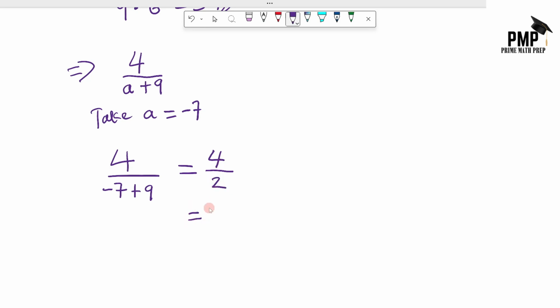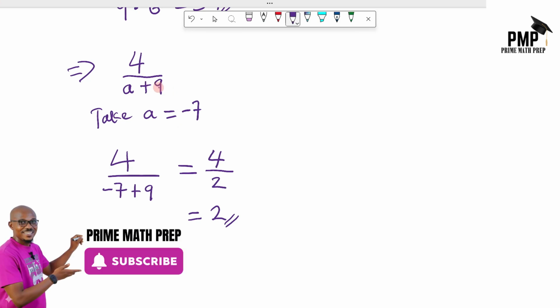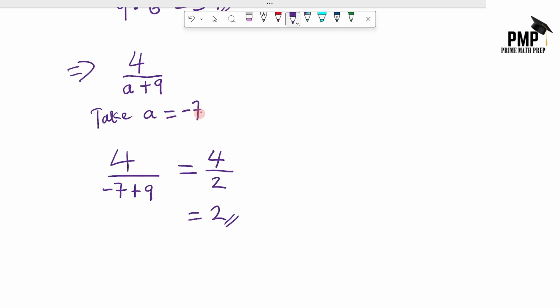When we divide this, 4 divided by 2 is 2. So the value of our algebraic expression, 4 divided by a plus 9, because we are told to take the value of the variable a to be negative 7, and after substitution and simplifying the expression, we got 2.